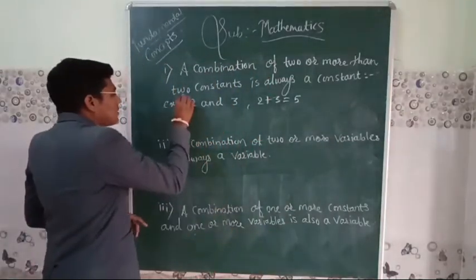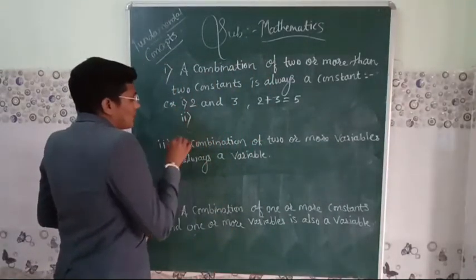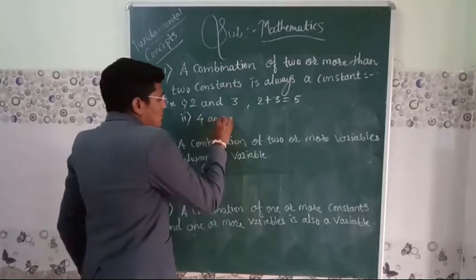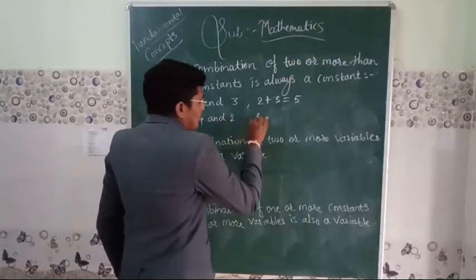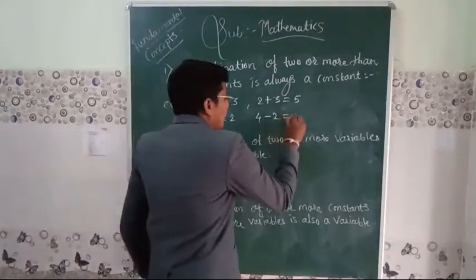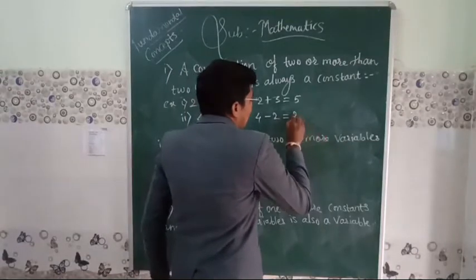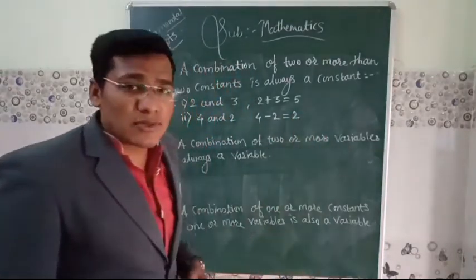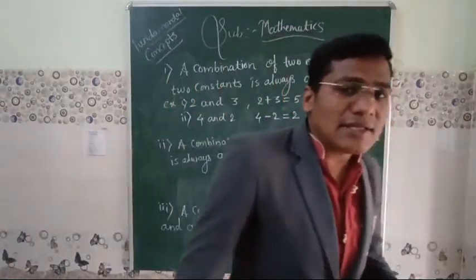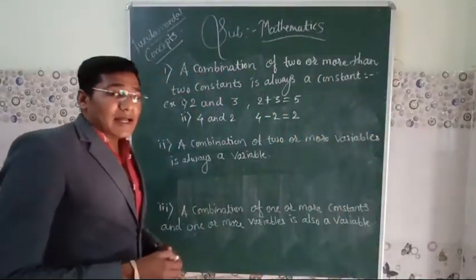Again we take an example. Suppose we take 4 and another constant 2. If we subtract 2 from 4, the answer we get is equal to 2, and 2 is also a constant. It is the same in multiplication as well as in division, we will get a constant.